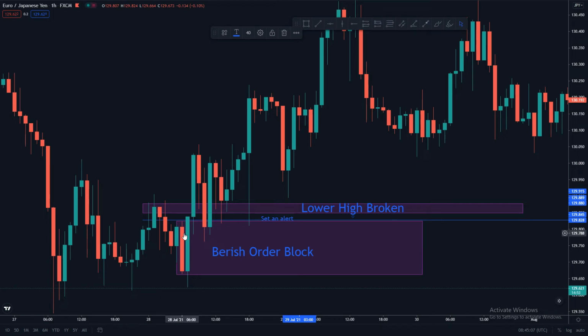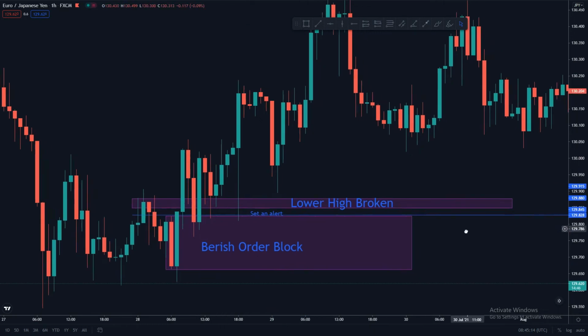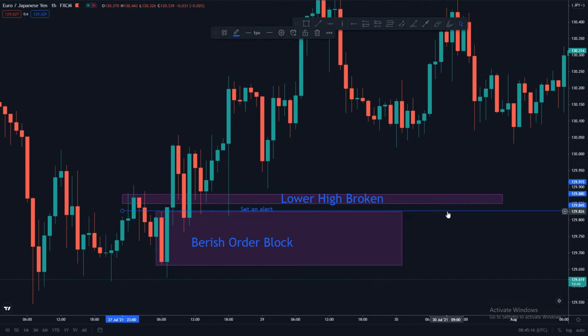So the other method that you can use is to set an alert. Right? So once you see that the market is up here, and you're waiting for it to come down to your order block, so that you won't spend hours and minutes and a lot of time looking at the charts, what you can simply do is to put an alert somewhere around this level here or around this level.